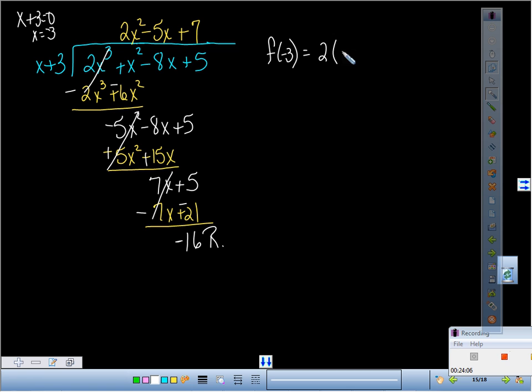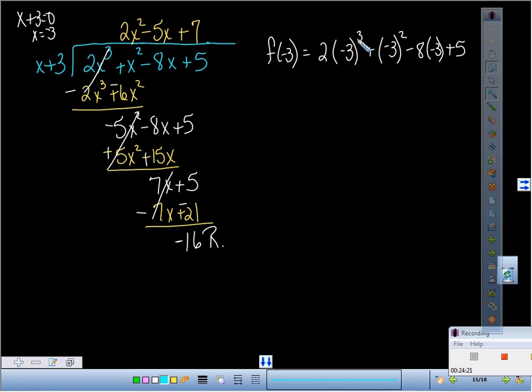Well, that'll be 2 times negative 3 to the third power, plus negative 3 squared, minus 8 times negative 3, plus 5. Y'all, when you raise a negative number to an odd power, what kind of answer do you always get?